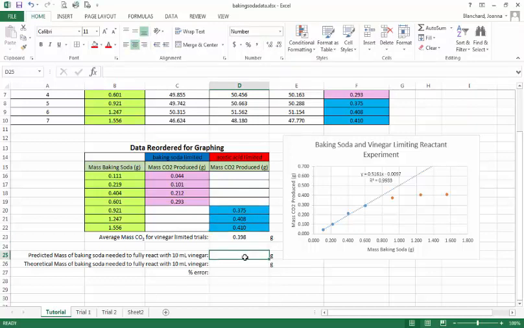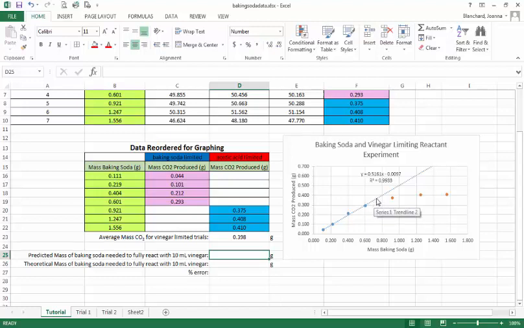So the next step is to calculate the predicted mass of baking soda needed to fully react with 10 milliliters of vinegar. What that means is, here on the graph you can see that as my mass of baking soda increased, my mass of carbon dioxide also increased, and there was a linear relationship between the two variables.